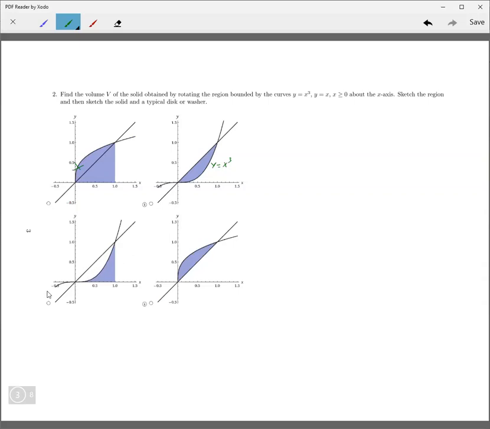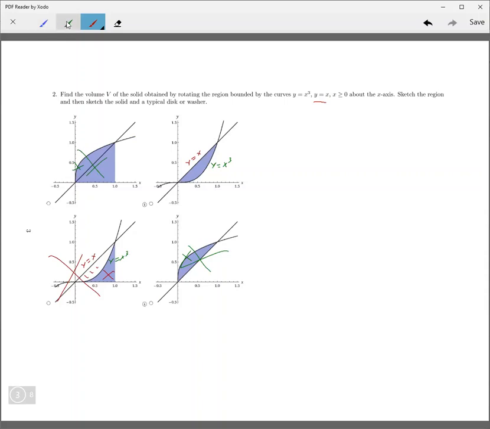This also looks like y equals x cubed right here. And this doesn't. So those two get thrown out. And then y equals x would be this straight line right here. y equals x is there, but it should be the region that's between those two. So it should be this region here. So you can throw that one out. And we'll just go with this one, okay?